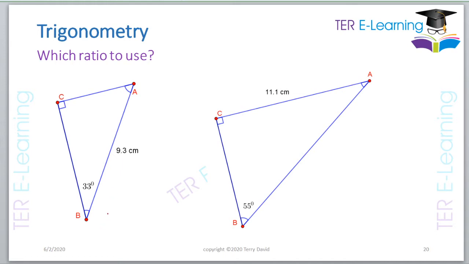If I were to ask you to find BC in the first diagram, which ratio do I have to use in order to find BC? Sine, cosine, or tan?